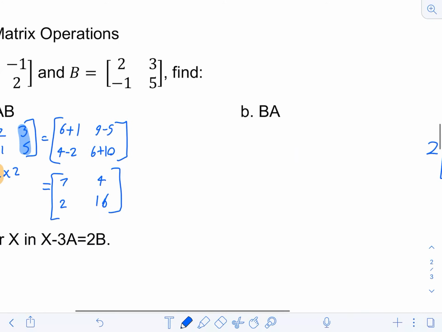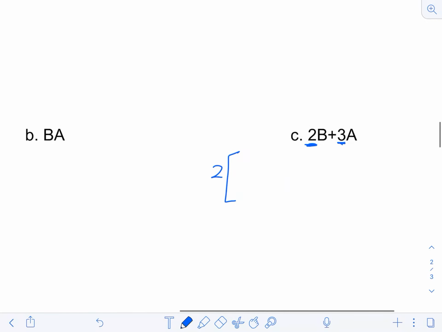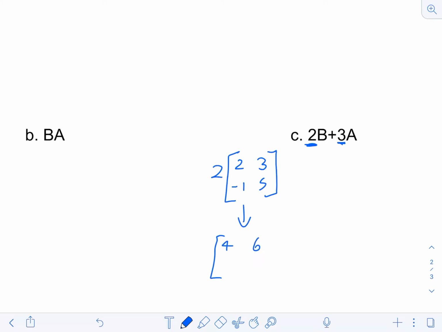So this is 2b, so it would be 2 times the whole matrix, which is 2, 3, negative 1, and 5. Okay, so that leads us to a new matrix that is 4, 6, negative 2, and 10.